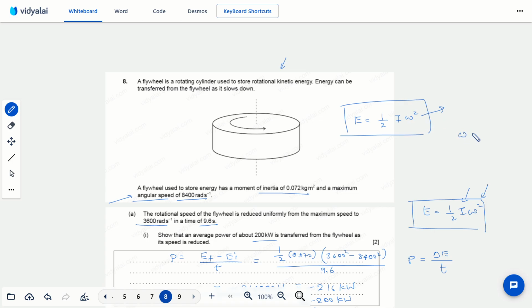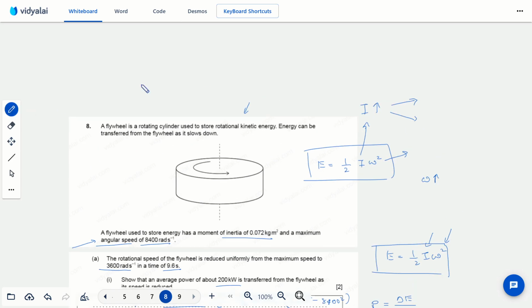So an increase in omega, and also we can increase the moment of inertia of this flywheel. That then increases the rotational kinetic energy. There are actually two ways of increasing this moment of inertia.